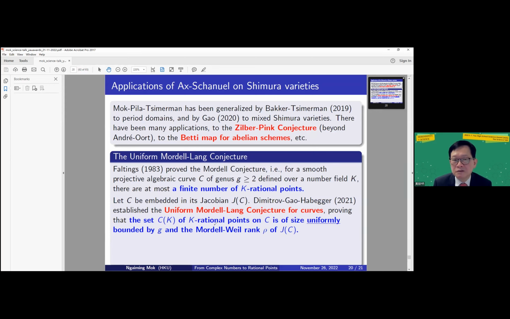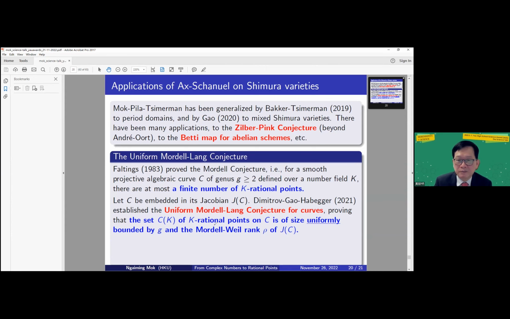They went back to Faltings in 1983, who proved the Mordell conjecture, now the Mordell theorem, namely that if the equations defining C are over a number field, then there are only a finite number of K-rational points, which have entries in the field K. And this was a breakthrough at that point, and Faltings was awarded the Fields Medal in 1986.